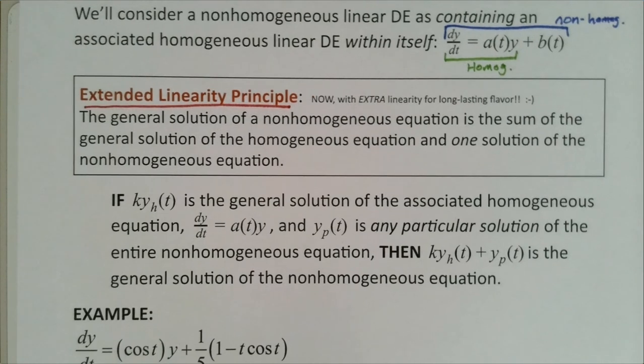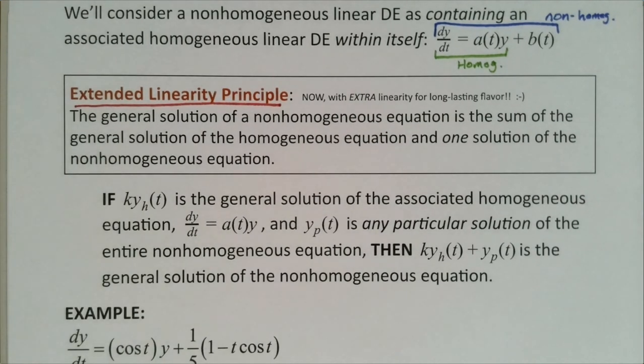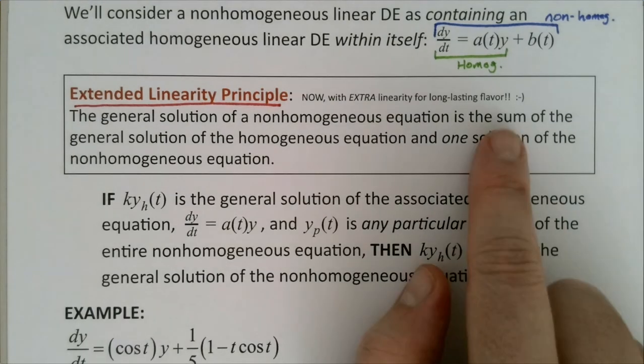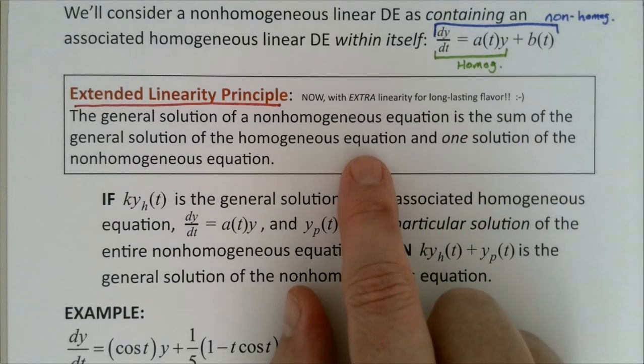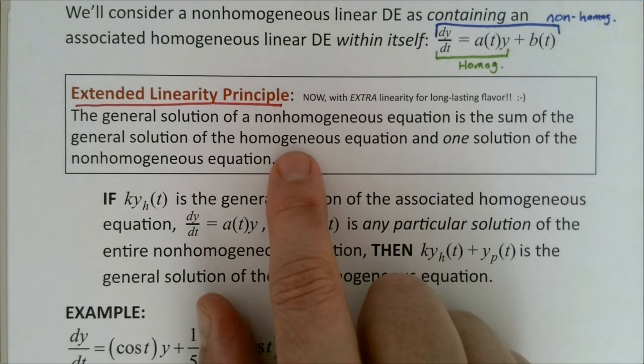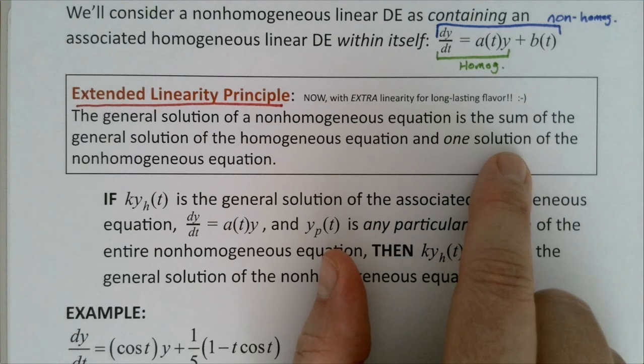Okay, haha. The general solution of a non-homogeneous equation is the sum of the general solution of the homogeneous equation and one solution of the non-homogeneous equation. Now, hold on a second.